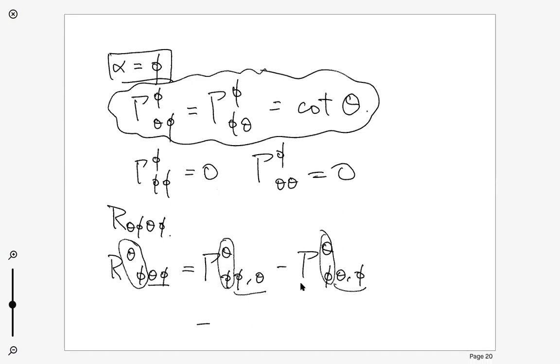And then the second part would be theta phi, theta phi minus theta phi. And then contraction here, sigma or lambda, whatever you name it. And then theta phi.